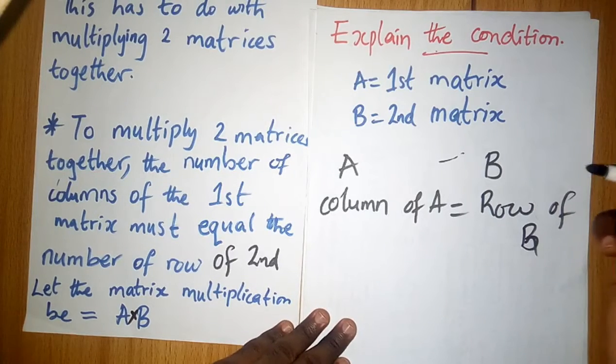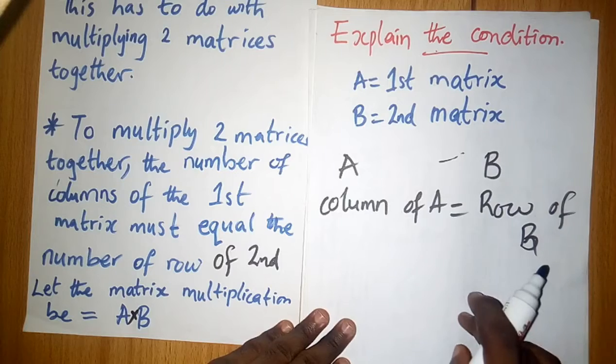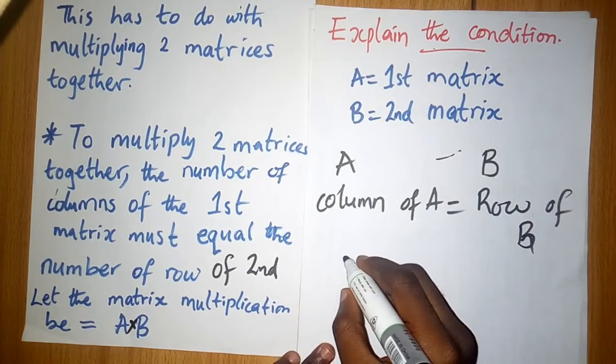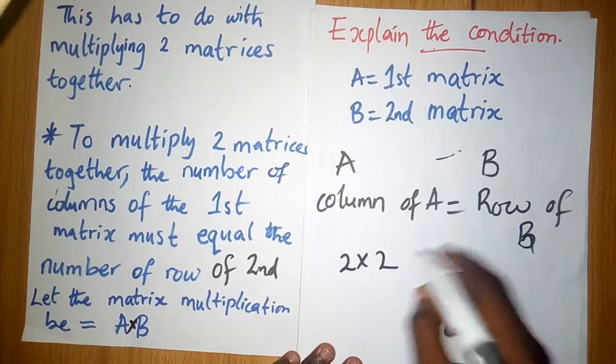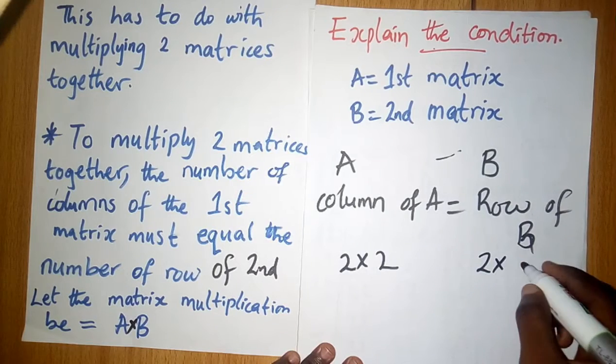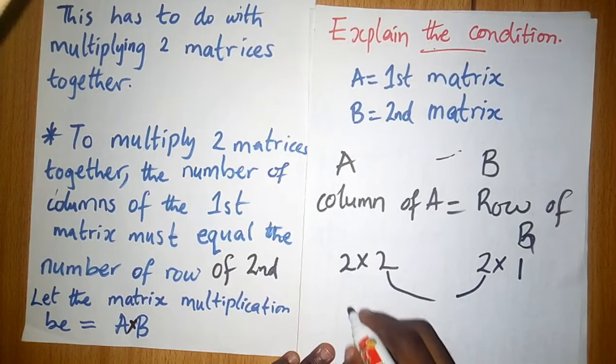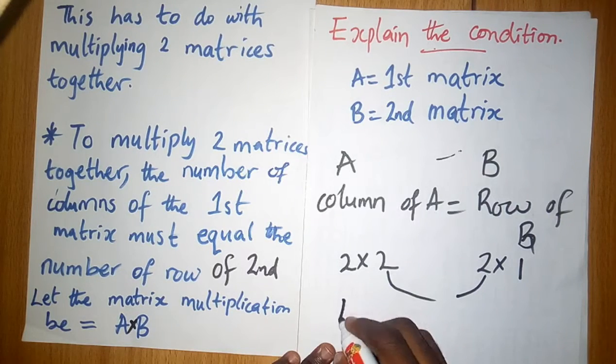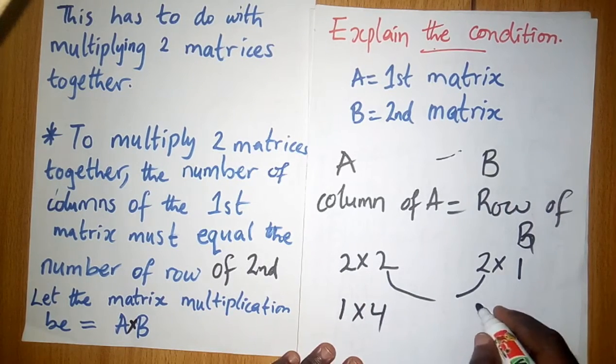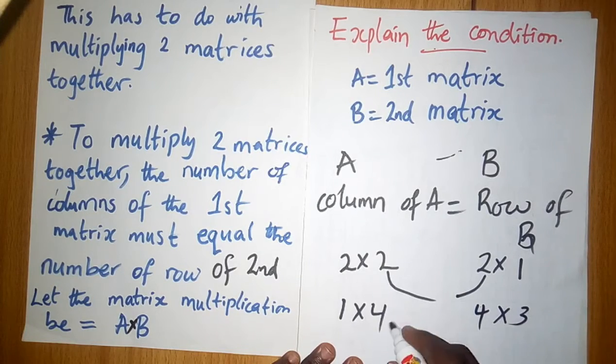Where A is the first matrix and B is the second matrix, if the first matrix is 2 by 2 and the second matrix is 2 by 1, column equals row. If the first matrix is 1 by 4 and the second matrix is 4 by 3, column equals row.